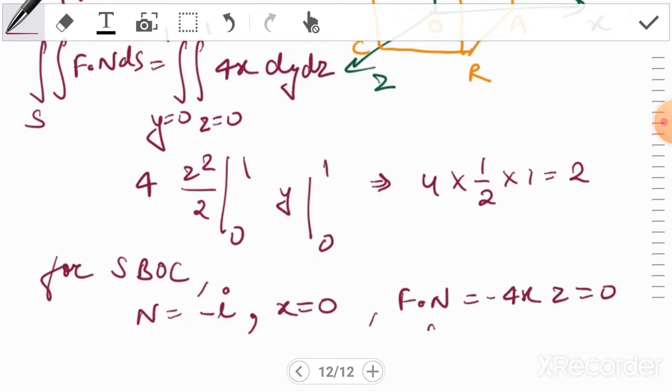So the integral of f dot n ds is also 0.